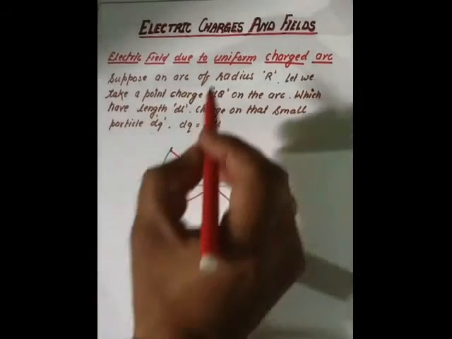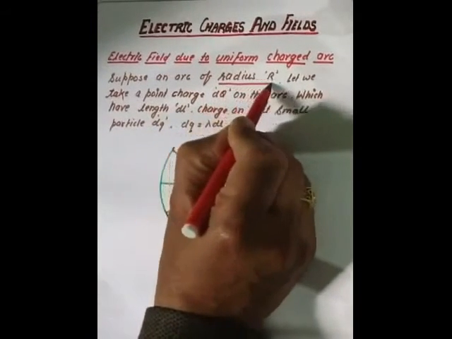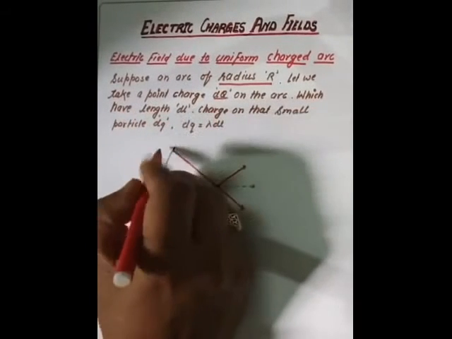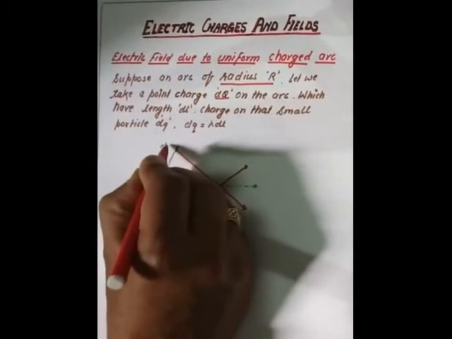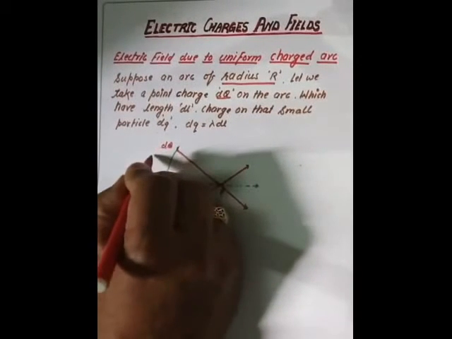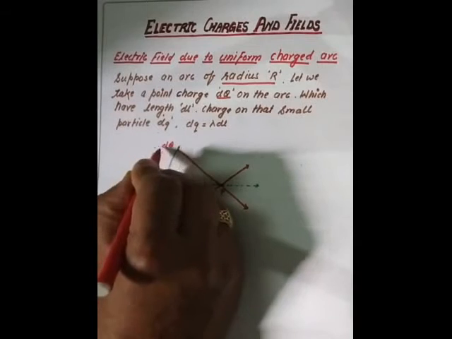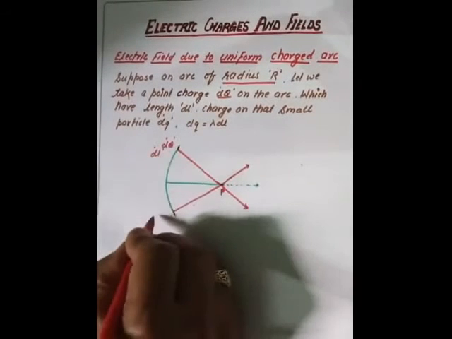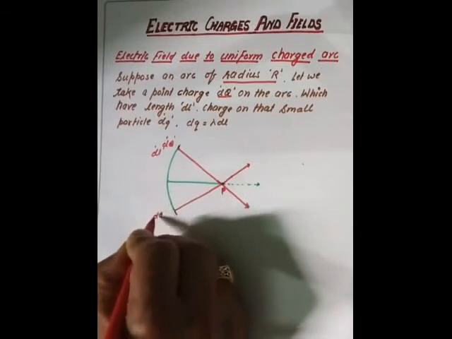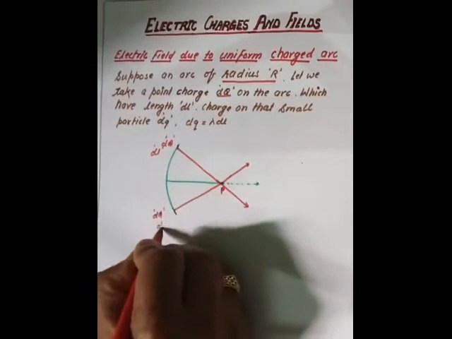Suppose an arc of radius r. Let me take a point dq. This dq point has a length dl. Similarly, this dq point has a length dl.